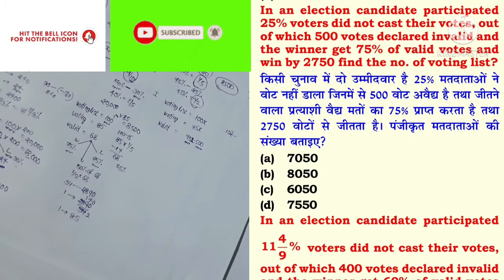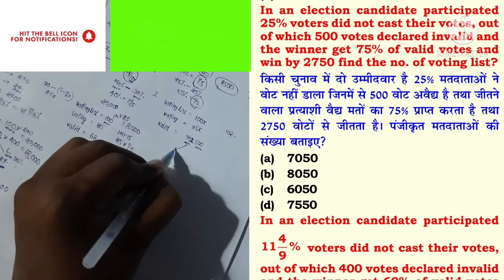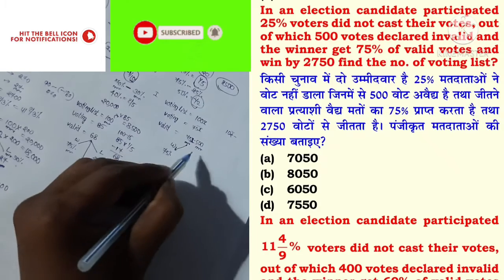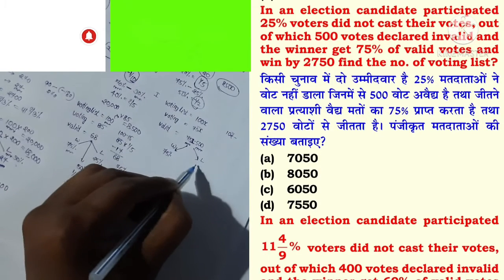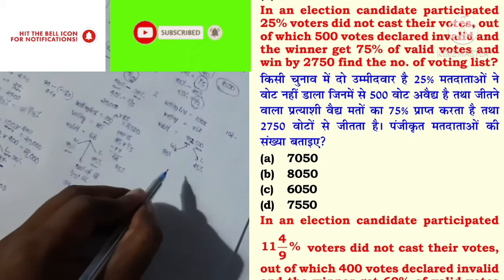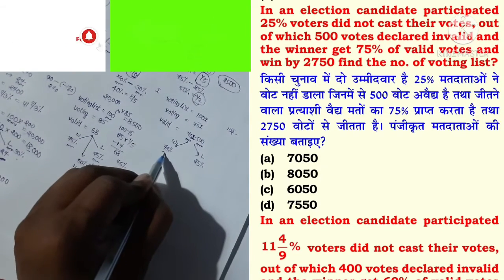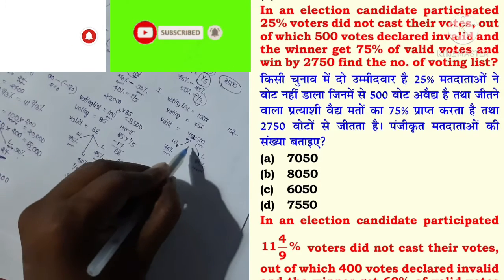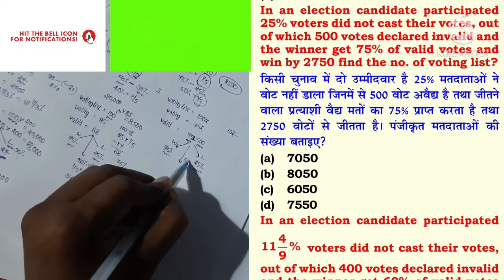So the winner gets 75% of votes, so the loser will get 25% of votes. Majority is calculated by winning percentage minus losing percentage. That means 50%.